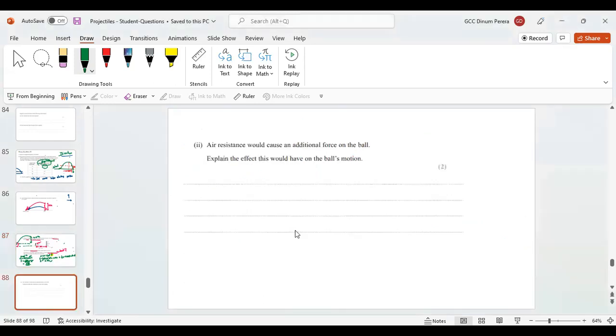You need to write that air resistance acts in the opposite direction.